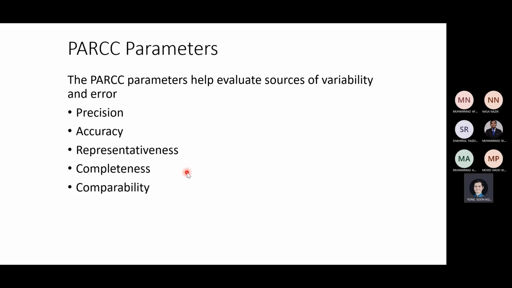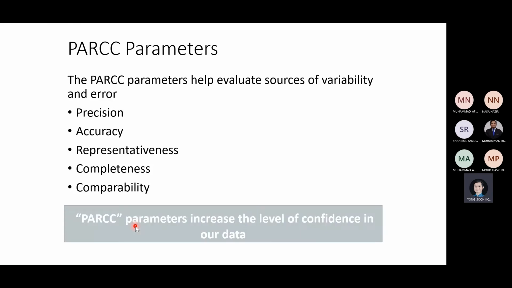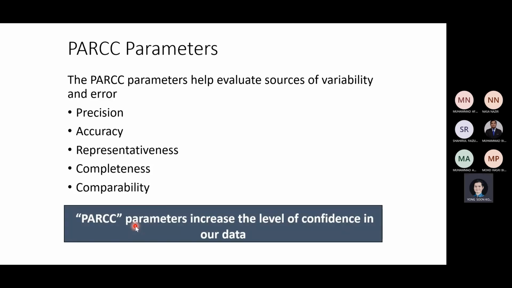Now, of course, from the QC procedures, in order to maintain these parameters, there are certain ways we can do it. So for today, we're going to look at just the sampling aspect, in order to ensure these parameters are strictly adhered to.